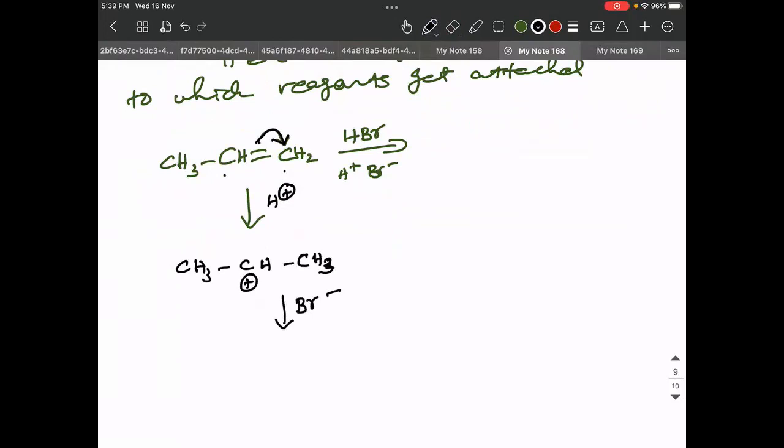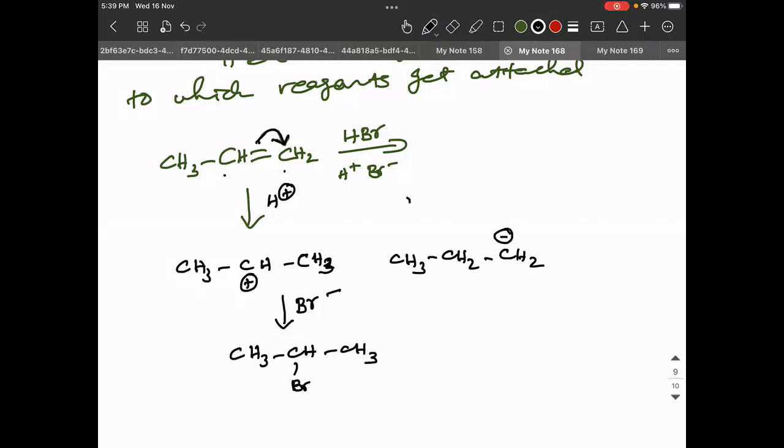And one more possibility. What is the other possibility? Then it will give CH3, CH, Br, CH3. The other one is CH3, CH2, CH2 minus.